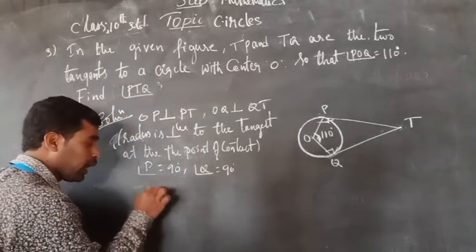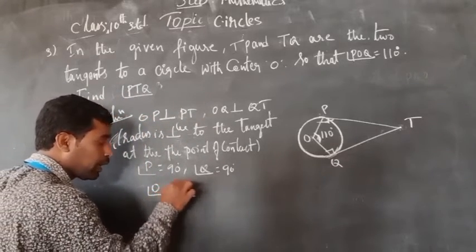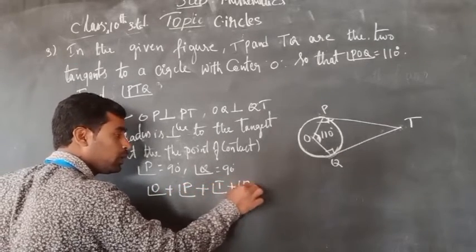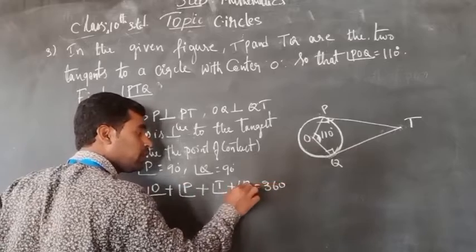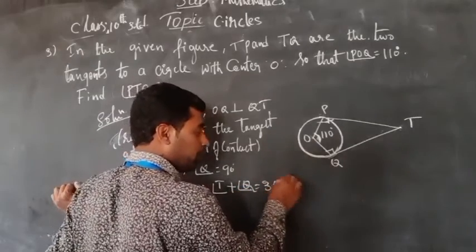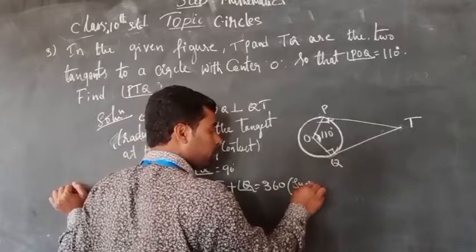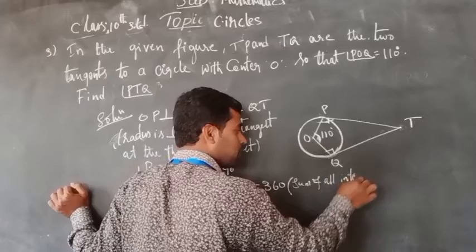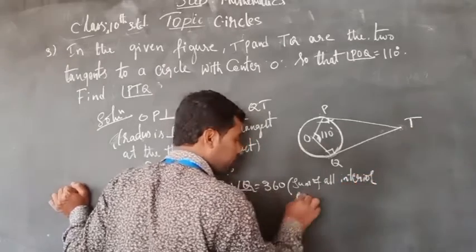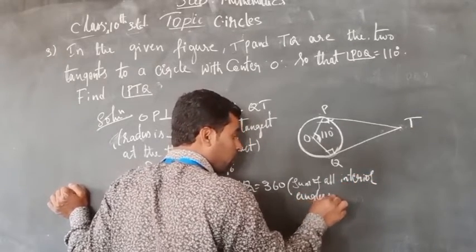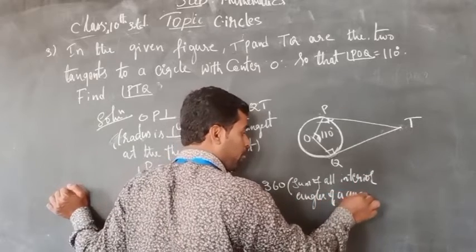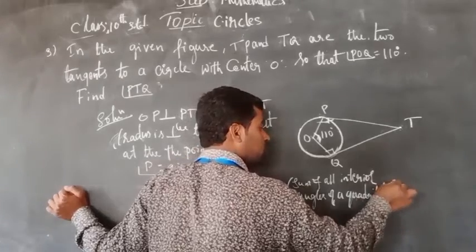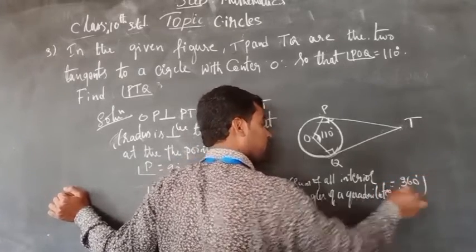We can write angle O plus angle P plus angle T plus angle Q is equal to 360 degrees, because the sum of all interior angles of a quadrilateral is equal to 360 degrees.